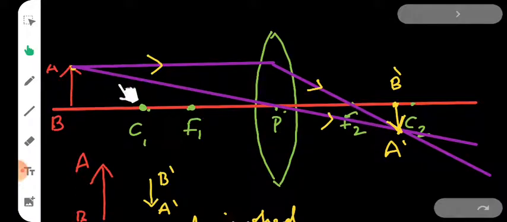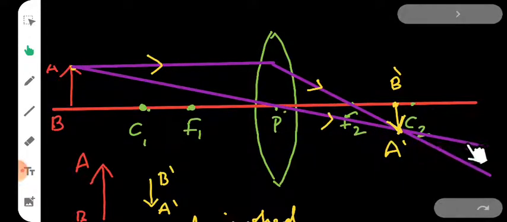The second ray, the convenient one, out of the three choices, I would be using is a ray which goes through the pole. What happens to a ray which goes through the pole? It goes undeviated and it goes straight.